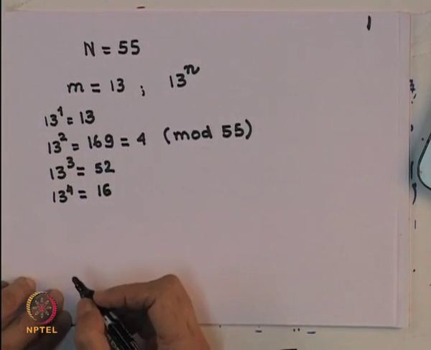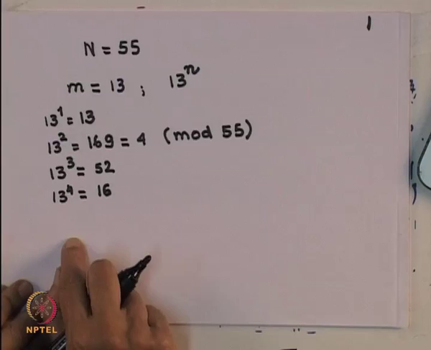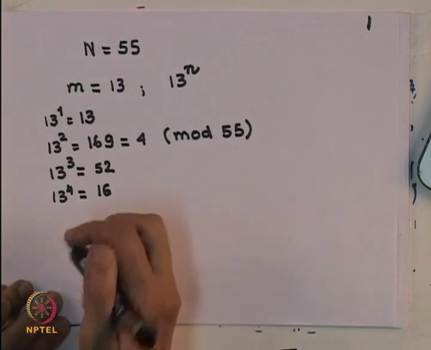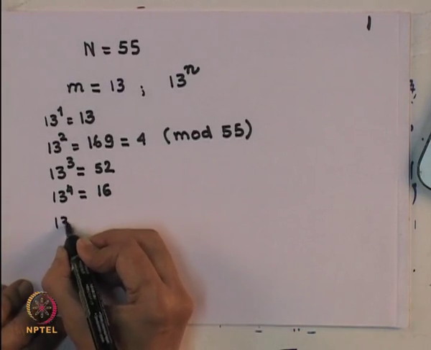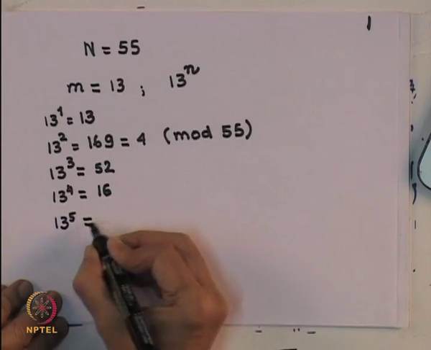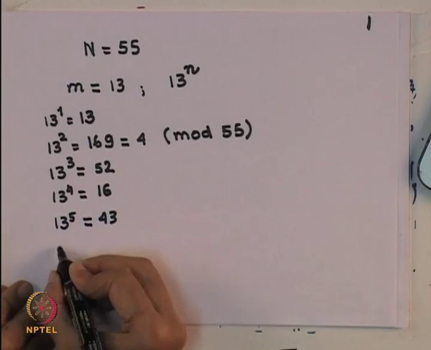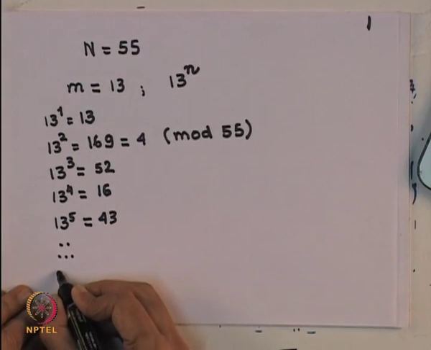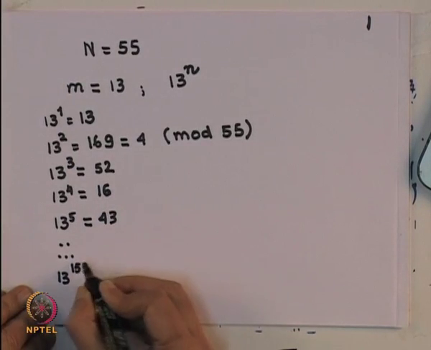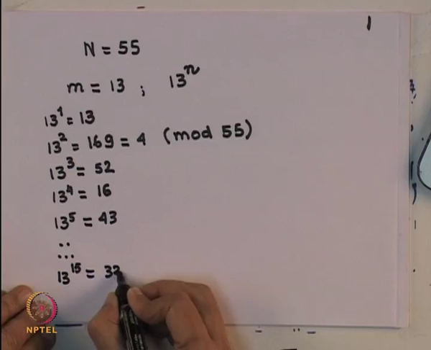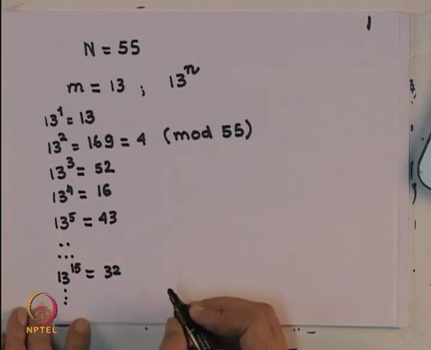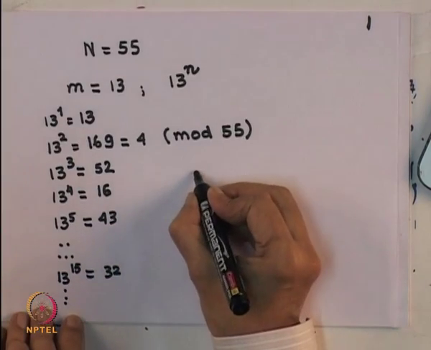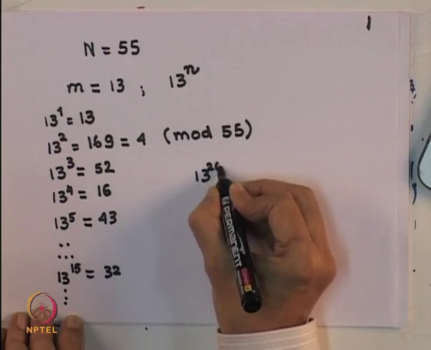Like this, you can carry on with the various numbers. So let me just repeat a few of them. 13 to the power 5 is 43. You can try out various results. 13 to the power 15 happens to be 32. And finally, as you go along, you will find 13 to the power 20 happens to be equal to 1.